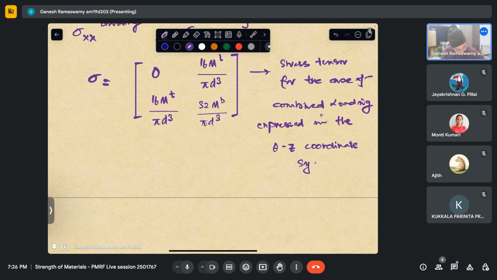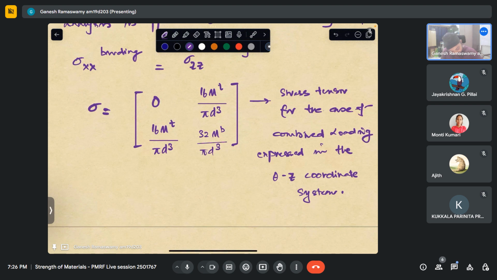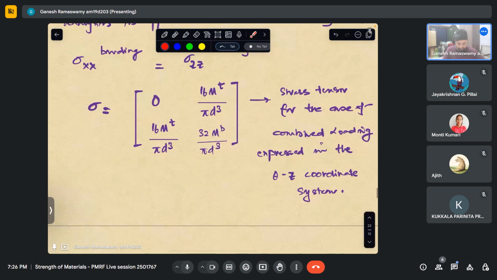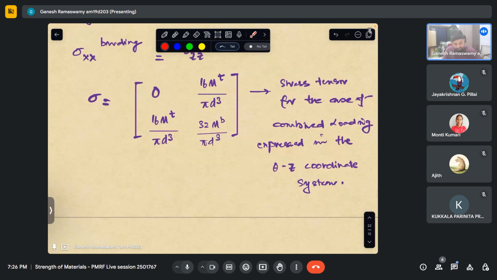So now this will be MT and that is MB. So we have actually found out, under the action of the combined load, if I were to take this point, what does my stress tensor look like? It has components of the twisting moment as well as our bending coming into the picture.